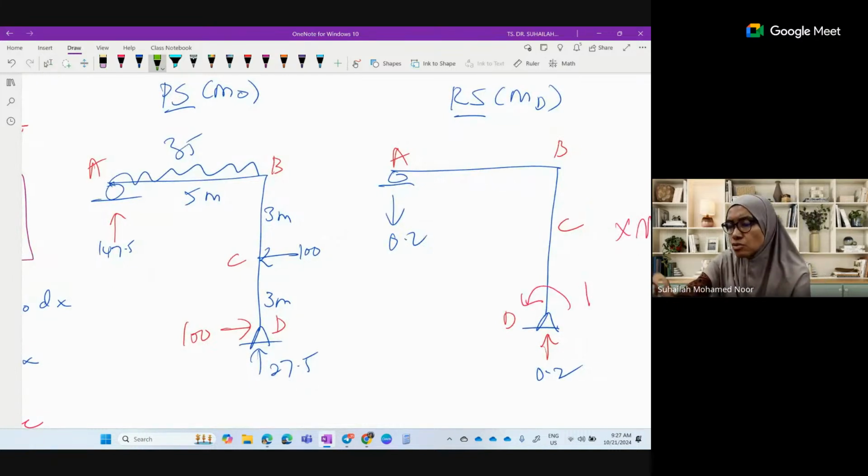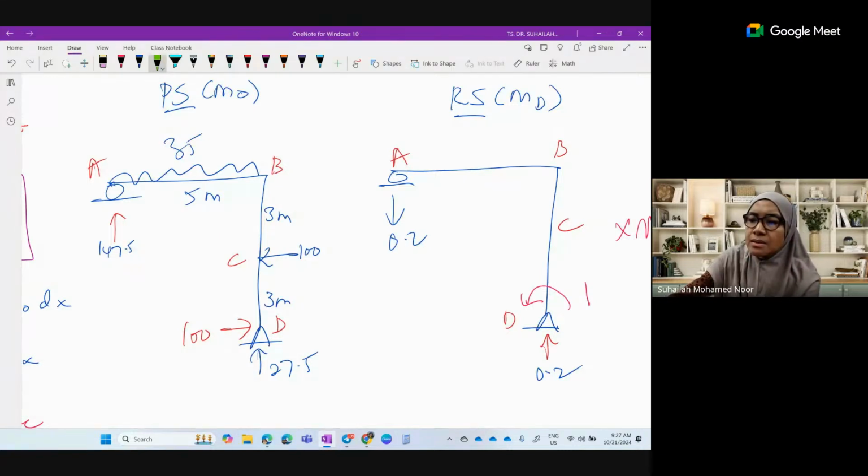Kita buat these two diagram. Okay, we have these two diagram in order for us to have the moment equation in two systems, primary structure and redundant structure, right? Okay, so sama juga reaction. We calculate reaction supaya kita boleh write moment equation. You get that?